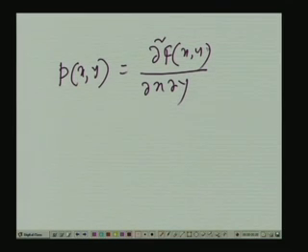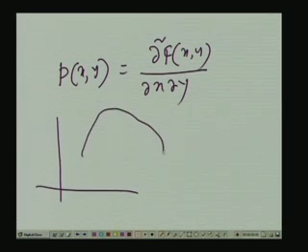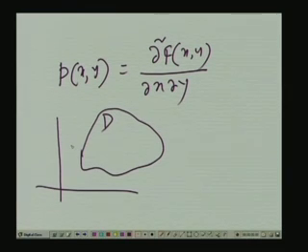Why it is probability density? Reason is, if I consider any region say D in the xy plane. Okay.